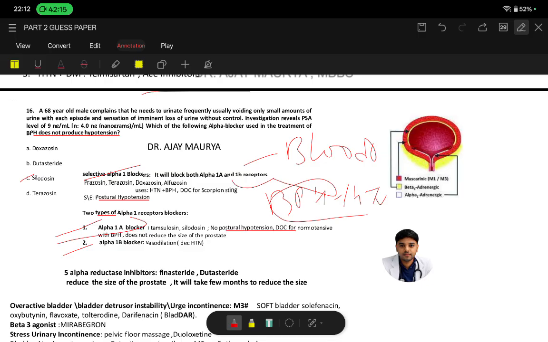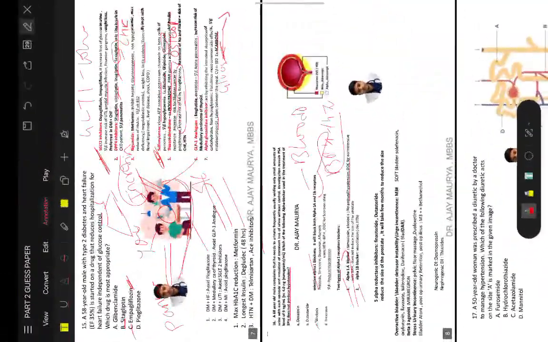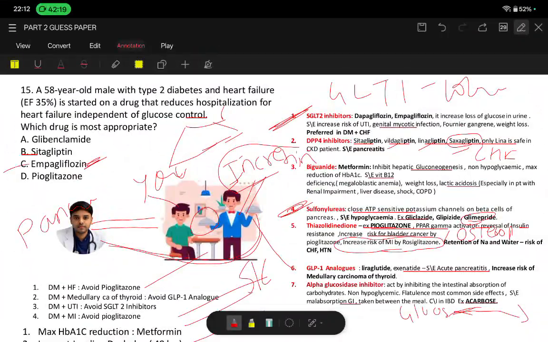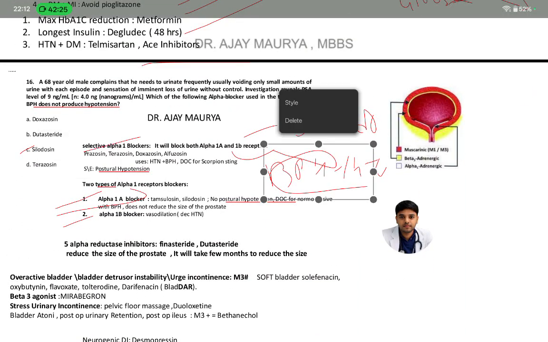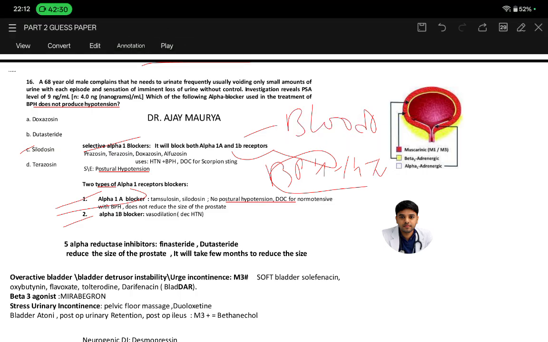Alpha 1A will relax the muscles at the urethra. Okay? Got it? That's why you have to give only alpha 1A blocker, example tamsulosin.